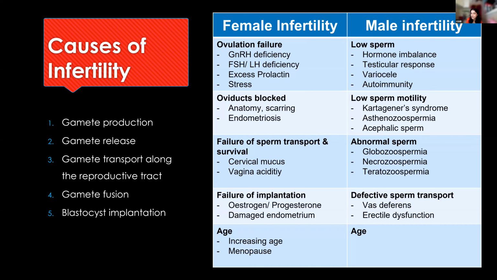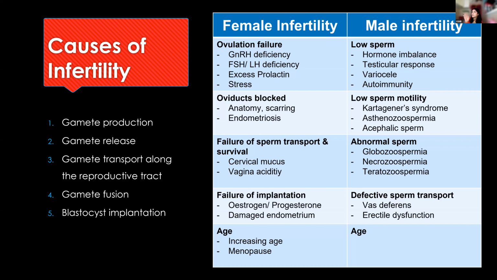And this is when you have no more follicles left, or perimenopause is atresia. So when you're decreasing the number of follicles, it's associated with permanent cessation of fertility, and there's no more ovum. So it's the end of the reproductive life.